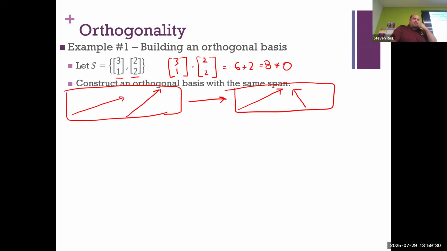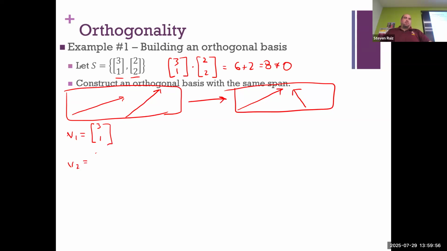Because of that, what I'm going to do is this. To build a new basis, we're going to build it up vector by vector. That first vector, I'm just going to take as is. I'm going to take (3, 1). So V1 is equal to (3, 1).